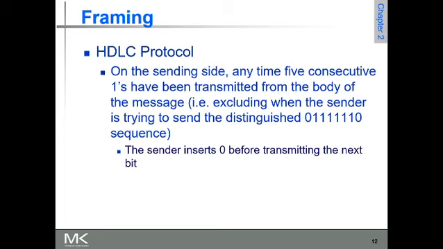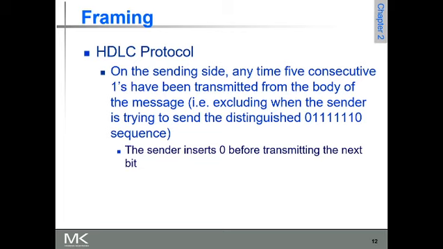On the sending side, anytime 5 consecutive ones have been transmitted from the body of the message, excluding when the sender is trying to send the distinguished 01111110 sequence, that is the starting and the ending sequence, the sender inserts a 0 before transmitting the next bit.